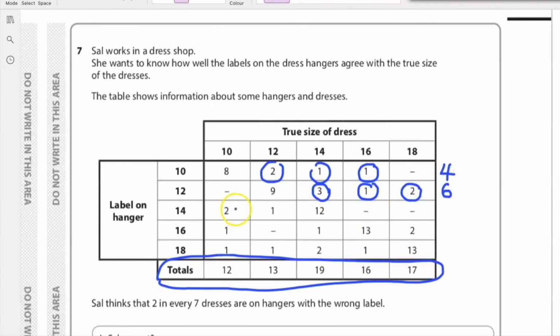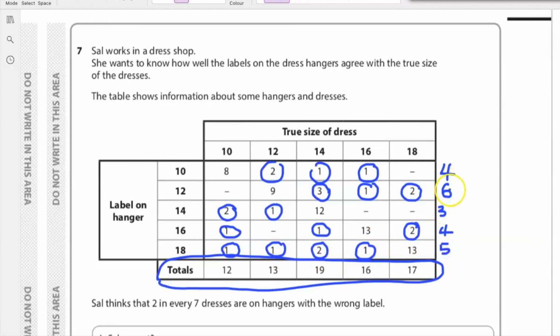Got 2 plus 1 is 3. 1 plus 1 plus 2 is 4. 1 plus 1 plus 2 plus 1, that is 5.